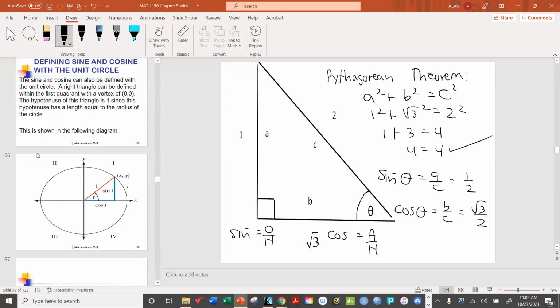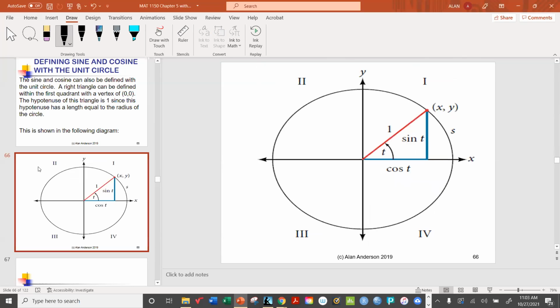Now, here's the interesting part. We're going to put this inside of our unit circle. In other words, we're going to describe a right triangle inside of our unit circle. All right, here we go. You can see that if T is the angle of interest, with respect to T, the sine is the opposite over the hypotenuse. So sine T equals opposite over hypotenuse.